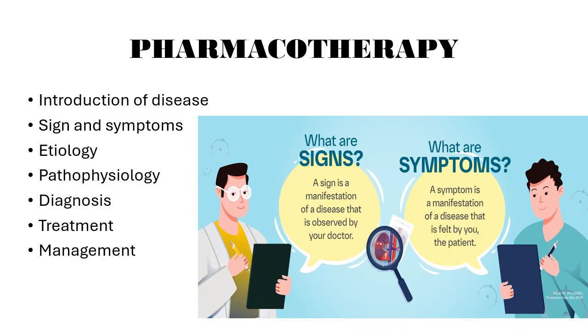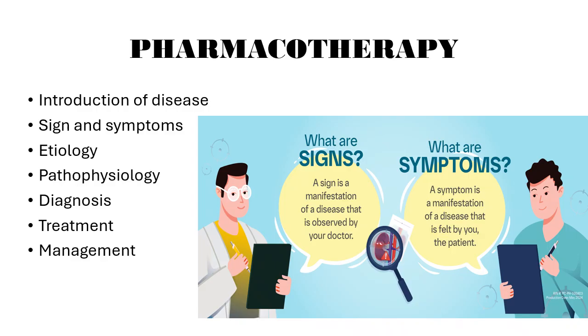He will see signs which he knows: if the patient is telling me the symptoms are related to this disease, then there may be these signs also. Then he will correlate the signs and symptoms with the other tests, laboratory tests, the vitals, the physical examinations.